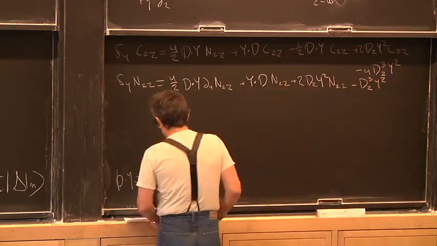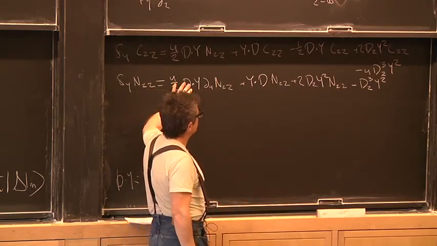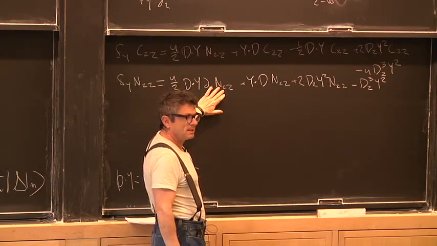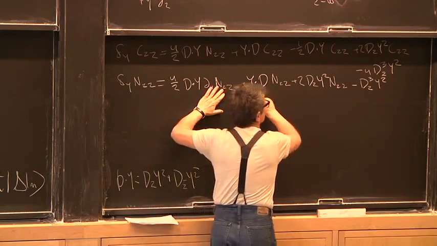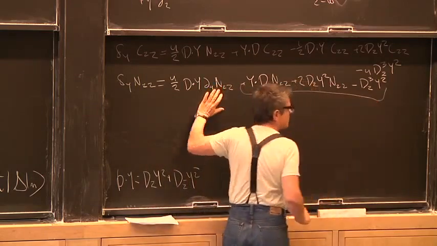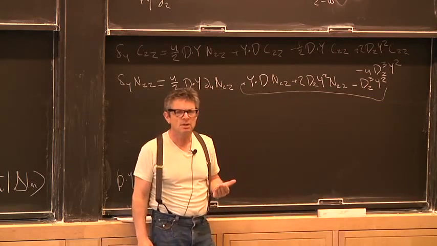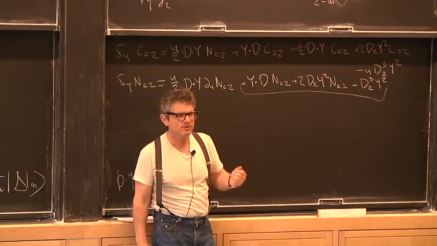Okay, so if we're at u equals 0, or if we're looking at some zero mode of N that doesn't depend on u, these last two terms here are exactly the infinitesimal transformation law of a stress tensor in two-dimensional conformal field theory.